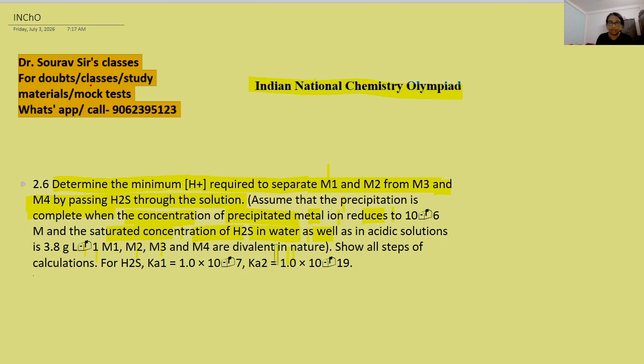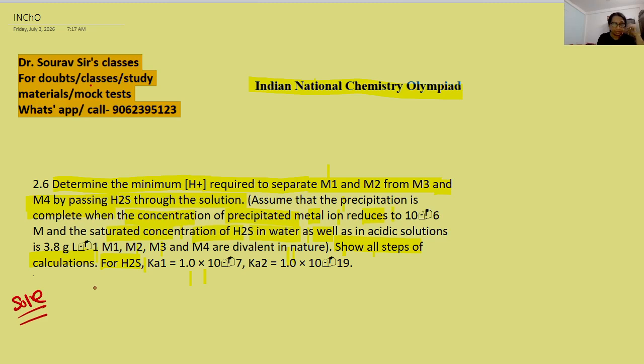Show all steps of the calculation. For H2S, K1 is 1.0 × 10 to the power minus 7 and K2 is 1.0 × 10 to the power minus 19. Now we will solve this question according to the concept and the given values.